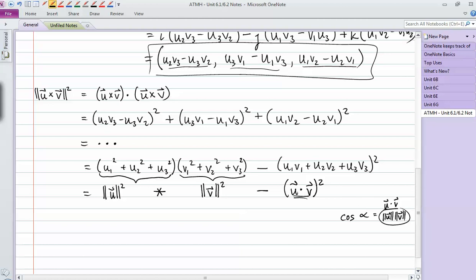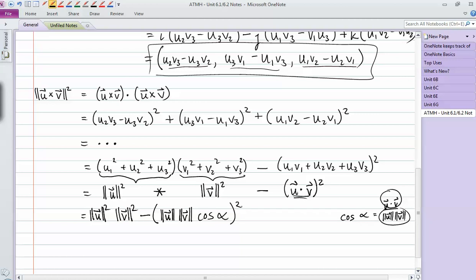So let me rewrite this as magnitude of u, all squared, that's the first term, times the magnitude of v, all squared, that's the second term, minus, and now in the parentheses I'm going to write what u dot v is if I isolate it. So minus magnitude of u, magnitude of v, cos of the angle alpha between the two vectors, all squared.